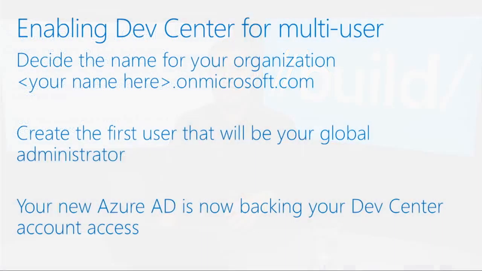So the first thing you need to know when you're setting up your account for multi-user is what's the name of your organization in the context of a directory. We use Active Directory in Azure as a technology that backs the access control for everything in Dev Center. So one of the things you need to add to your account, if you don't already have one, is an Azure Active Directory. And we'll show you that through the demo.